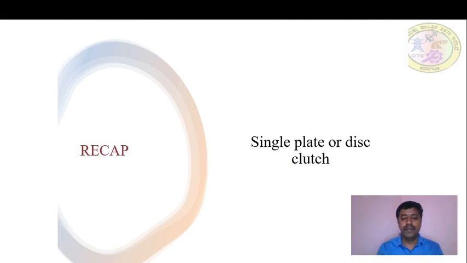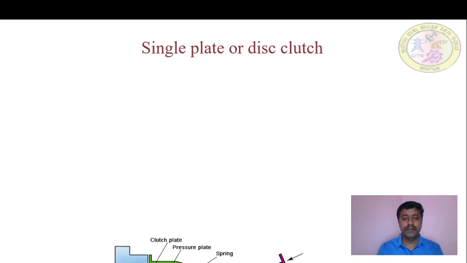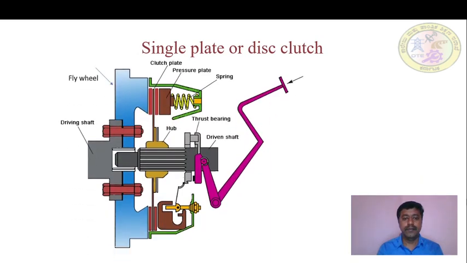In the previous session we have discussed single plate or single disc clutch, its constructional details and working. We discussed this working in two positions, that is, when the clutch pedal is in released position and when pressure is applied on the clutch pedal.